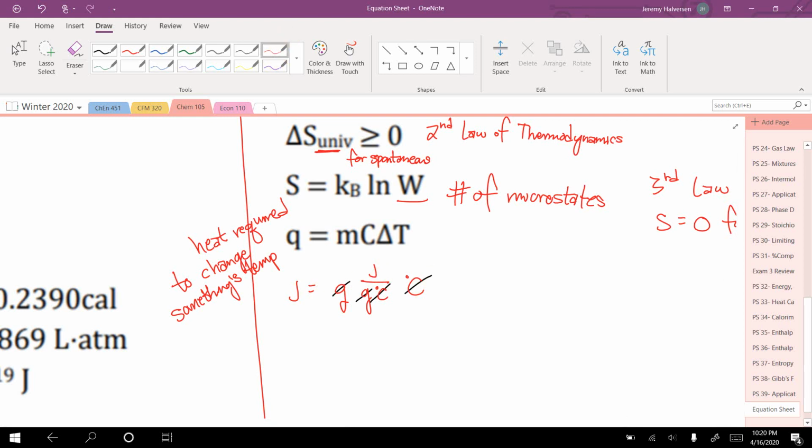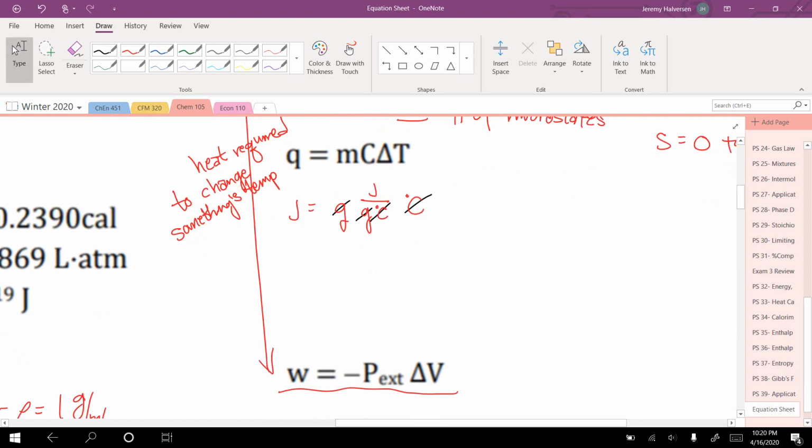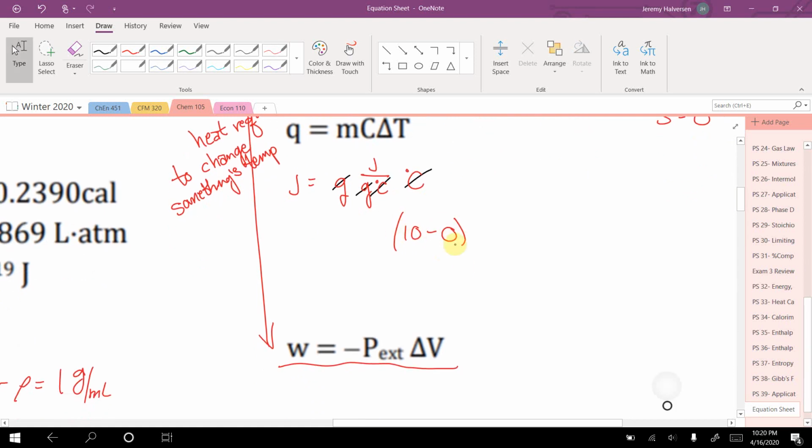Some things to be aware of. Because it's a change in temperature, degrees Celsius is the same as Kelvin. What I mean by that is, let's say that I'm changing from 0 degrees to 10 degrees. So final minus initial, 10 minus 0. That's in Celsius.